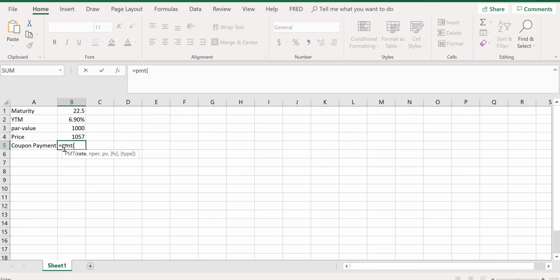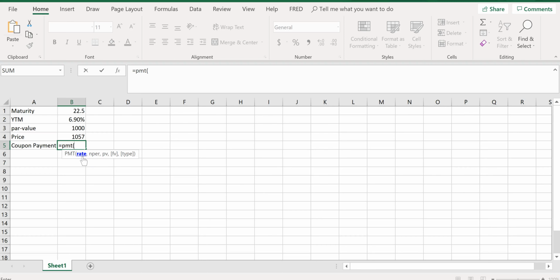In this case, the coupon payment is constant every period, every half a year, so that constitutes an annuity. That's why we can use this payment function to figure out the answer. The first argument here is the rate, that's the discount rate. In this case, the YTM is 6.9%.